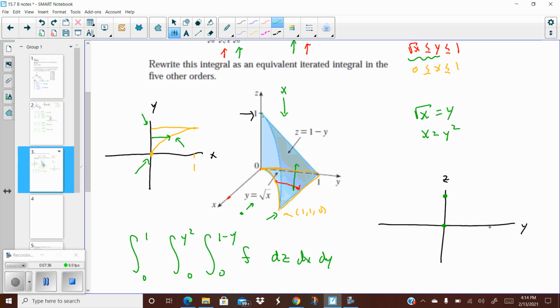So if I project that down into this plane, it's going to be when y is 1 and z is 0. So the question is, what does it look like from there? This part right here makes it look like it's curved, and the question is, is that the case? So let's take a look at the manipulative that I said I was going to show you and see if we can figure that out.